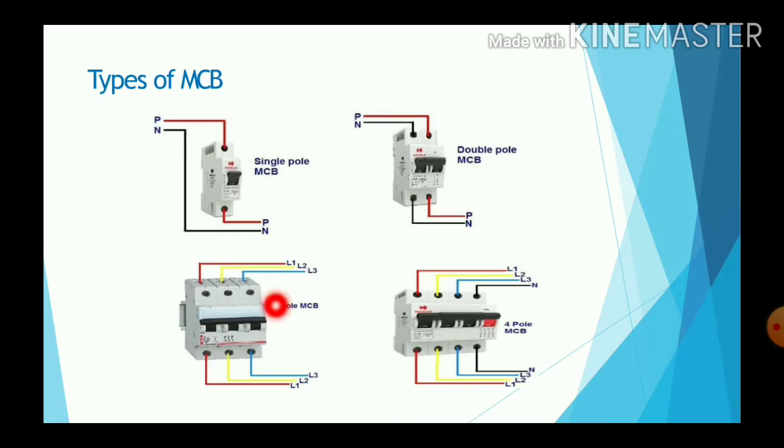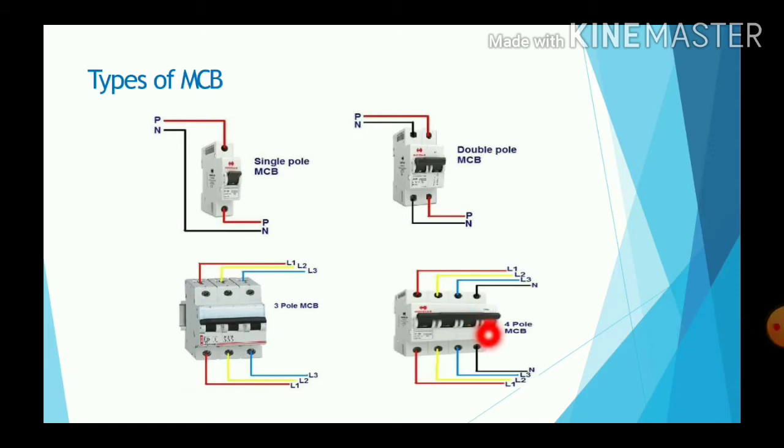Next one is the three pole MCB. A triple or three-pole MCB provides switching and protection only to the three phases of the circuit, not for the neutral wire. And this type of MCB is used in three-phase circuits. This is our four-pole MCB.